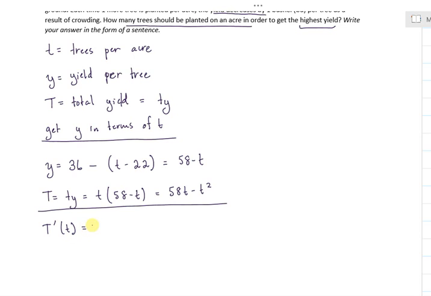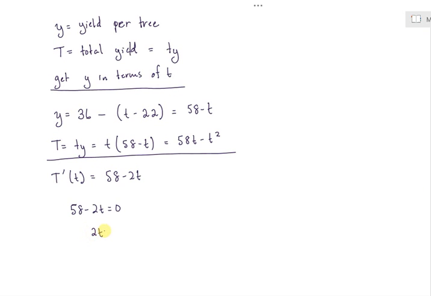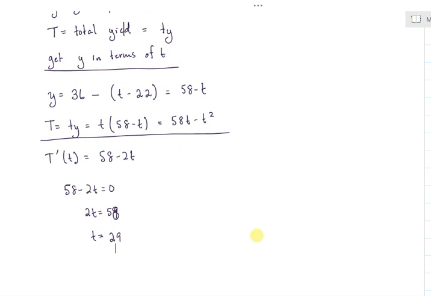T prime of little t is 58 minus 2t, and now I'm solving that. 58 minus 2t is equal to 0. That gives me 2t is equal to 58, which gives me t is equal to 29. I know that the shape of this function is a downward opening parabola, so I know this is a max.